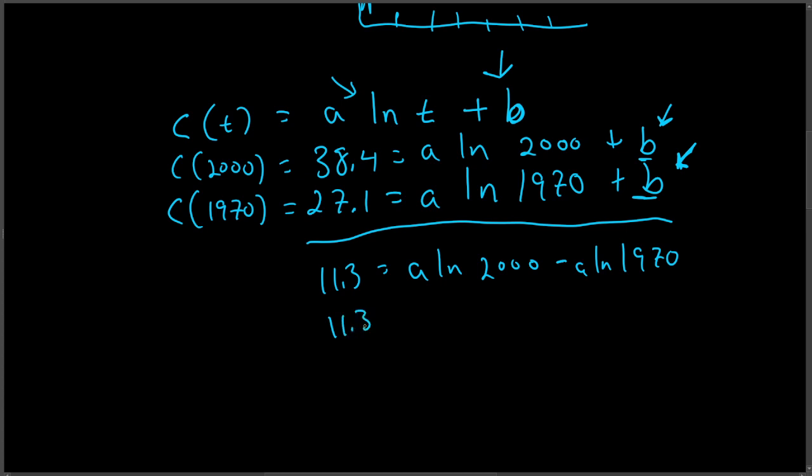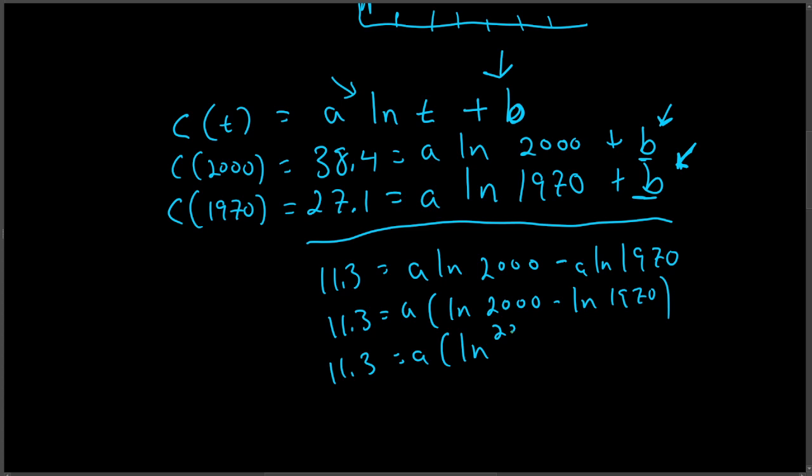Now this is where our properties of natural logs come into play. I want to pull the a out front because that's the thing I want to solve for. And then I have these two natural logs inside here, which is a number that I can solve for. But to make it easier on myself in the calculator, I'm going to use my properties of natural logs and write this as one logarithm, so that I have the ratio of the years.